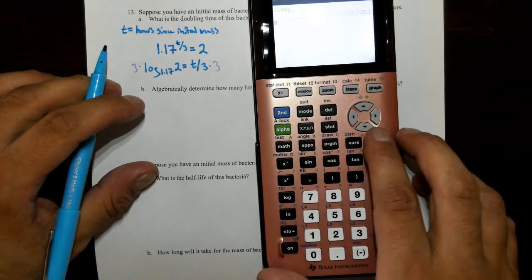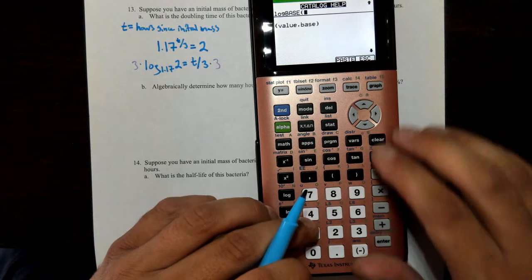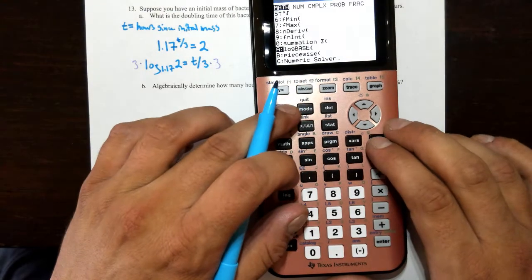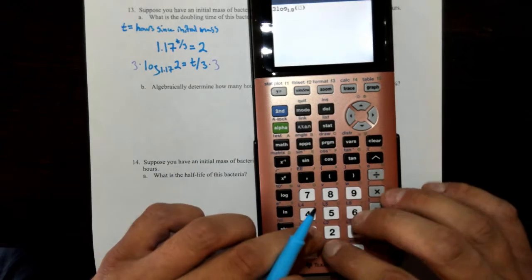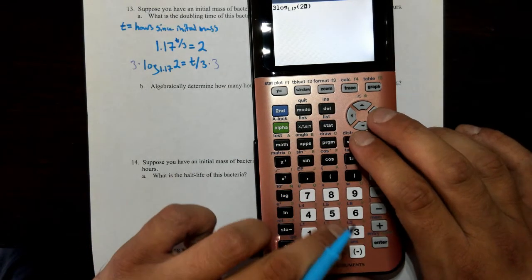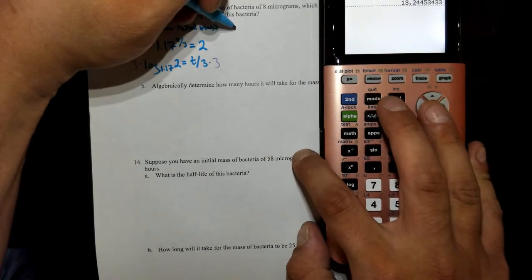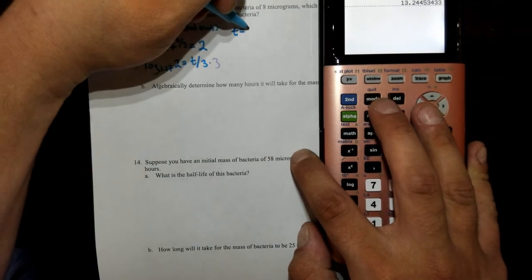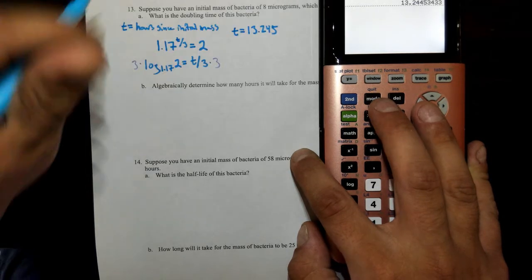So let's see what this is. 3 log base 1.17 of 2. All right. So t is equal to roughly 13.245.